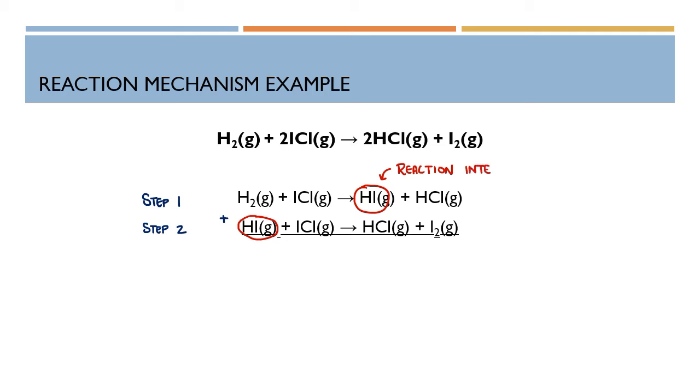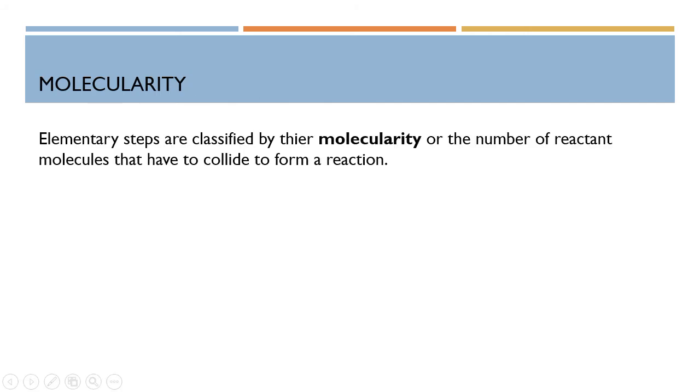It's a substance that's formed in one step and consumed in a later step of the reaction. Because it's formed and consumed within the reaction, you will not see it in the overall balanced equation. It ends up getting canceled out when we write the overall balanced equation. So let's take a look at how we add up step 1 and 2. We get hydrogen and the two iodine chloride compounds, and two hydrogen chloride compounds and then the iodine gas.